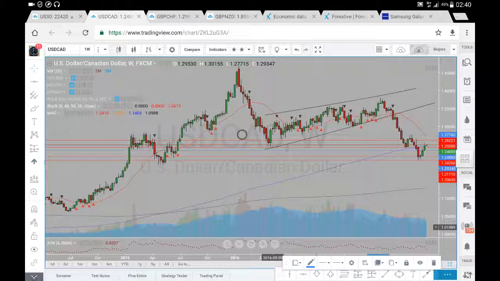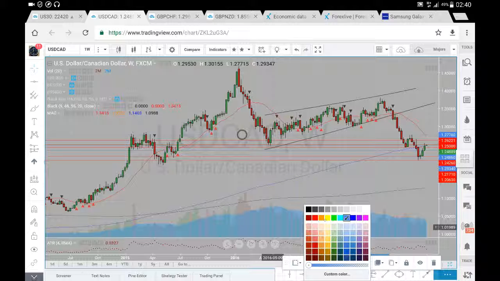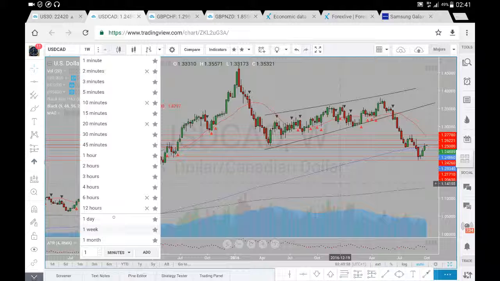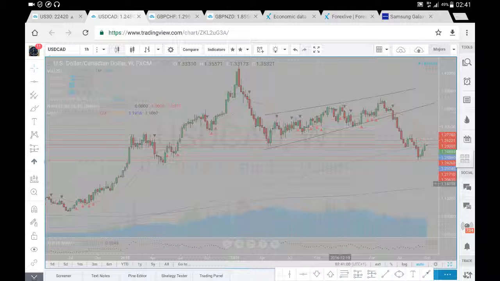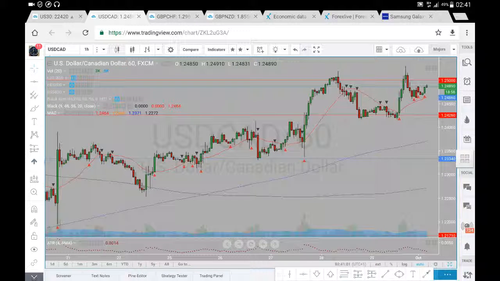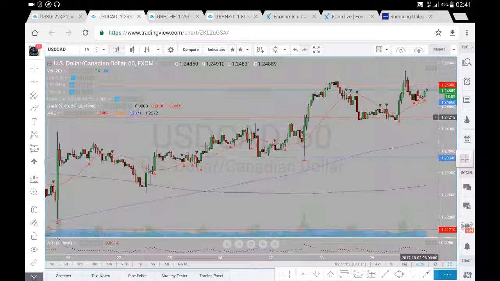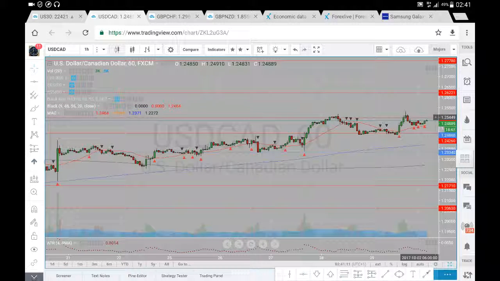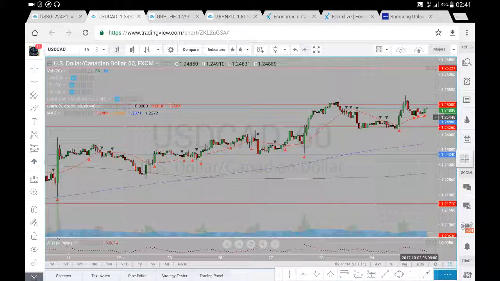And I'm going to change the color to red because it is not a weekly pivot. If we go back down to the execution time frame, it should be on there. There we are, 127.78. So 126.22 and 127.78. Those are upside targets or possible areas of resistance.